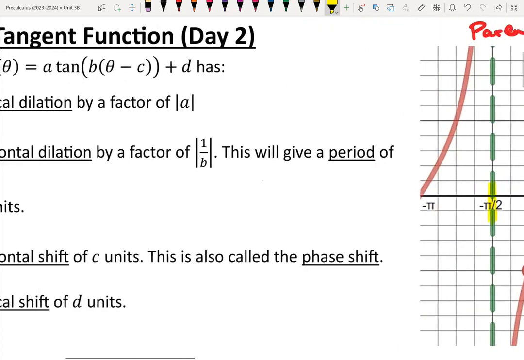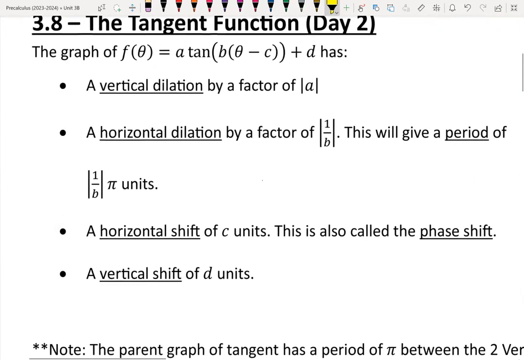So let's go ahead and talk about our different transformations again. Now this is out of order. What would be the correct order? What's the first transformation we do? Horizontal dilation, right?